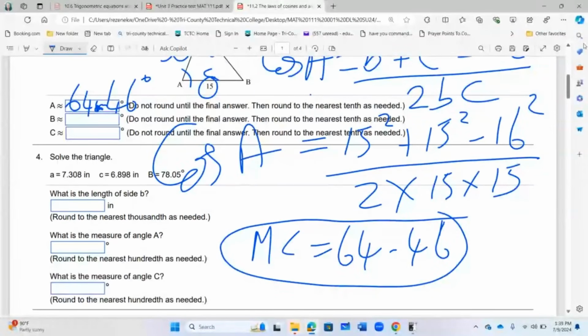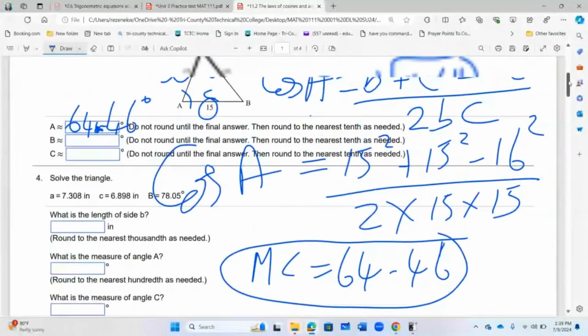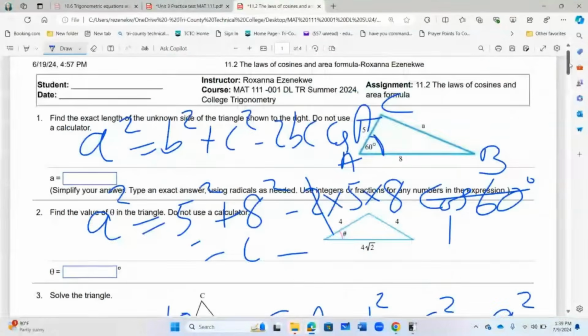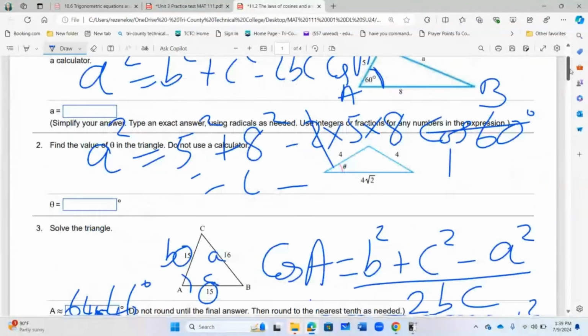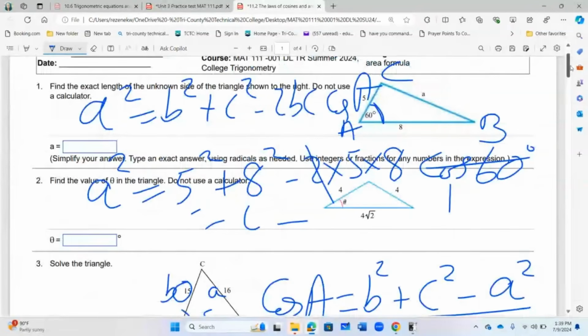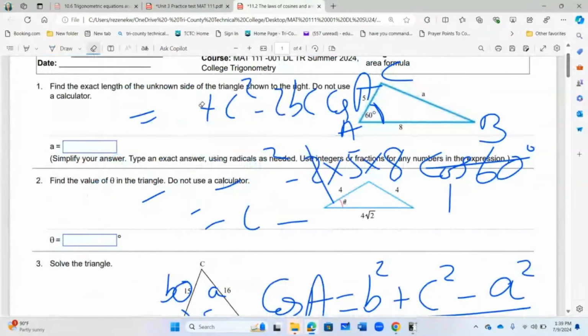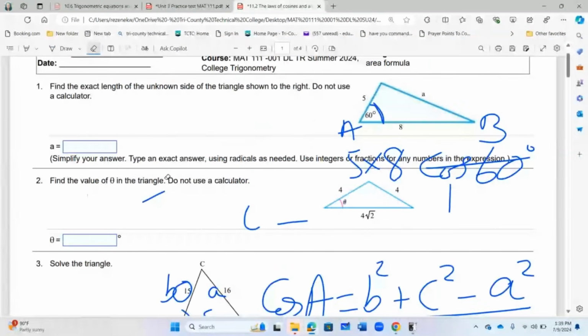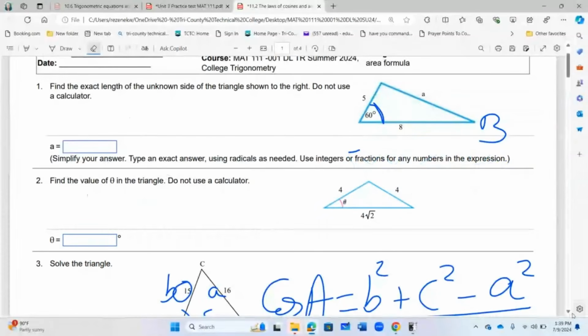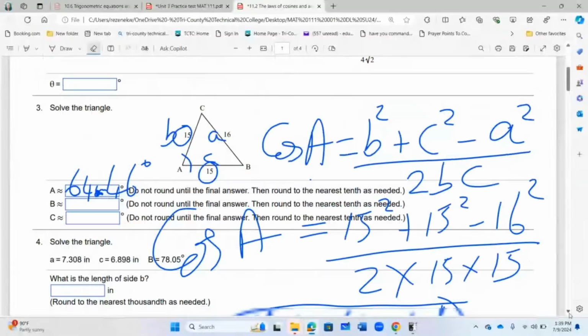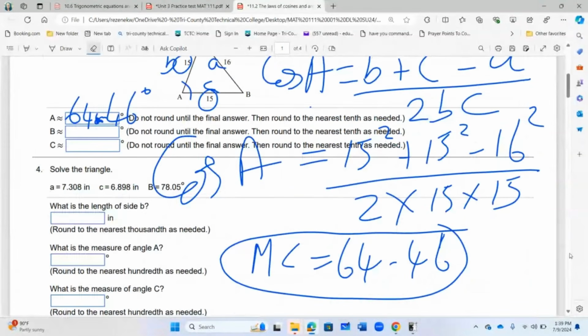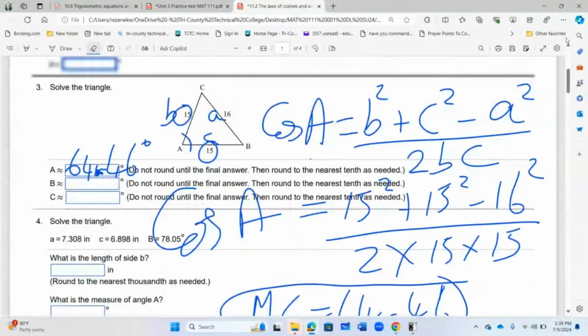Then if I get the angle B, I know that angle B and angle A are equal. So I found an angle: angle A is 64.46.